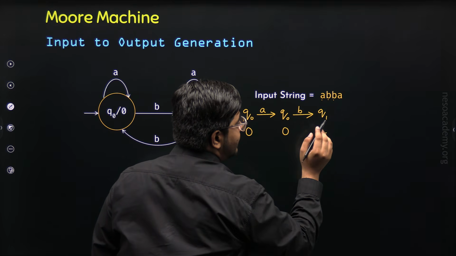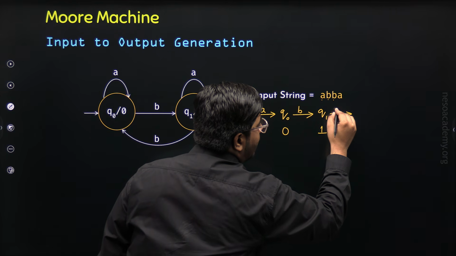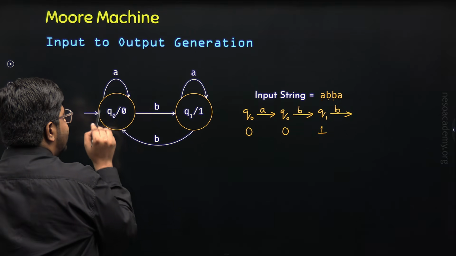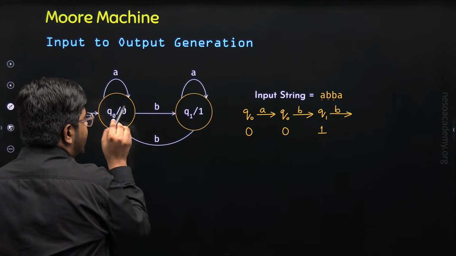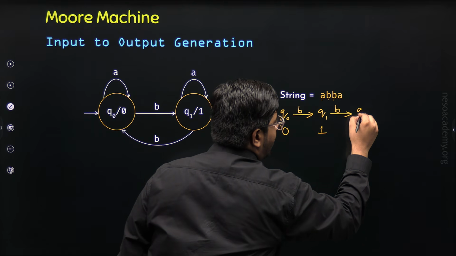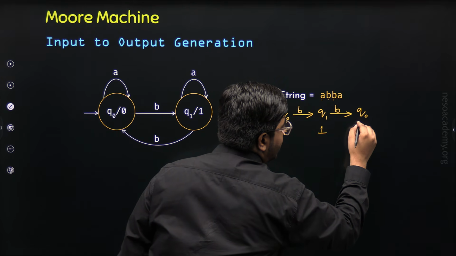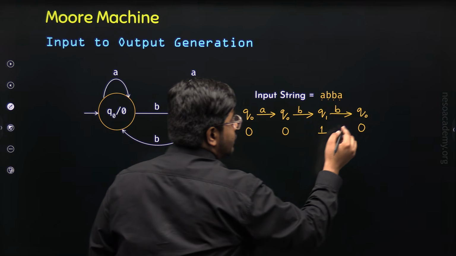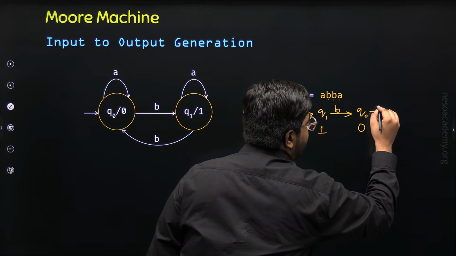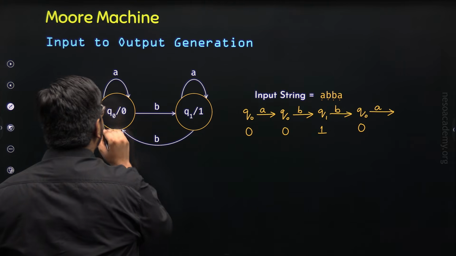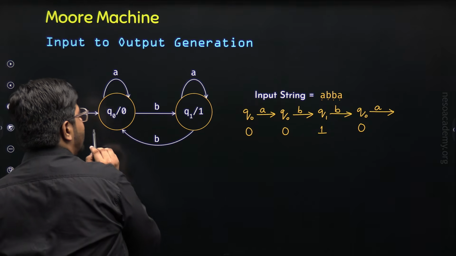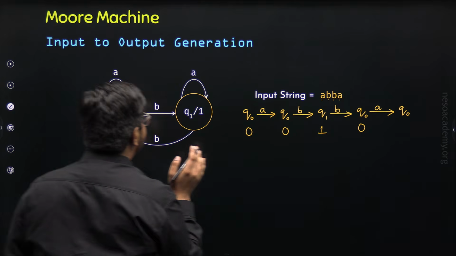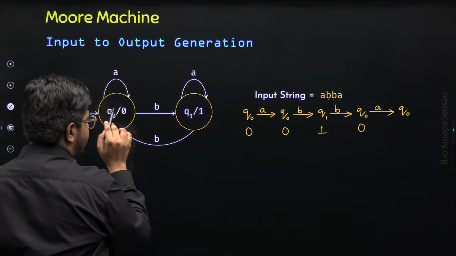Now the next input symbol is B. Q1 on getting B, the next state is Q0, which is associated with 0. So here we will write Q0, with output symbol 0. Now the last input symbol is A. Q0 on getting A, the next state is Q0, which is associated with 0.